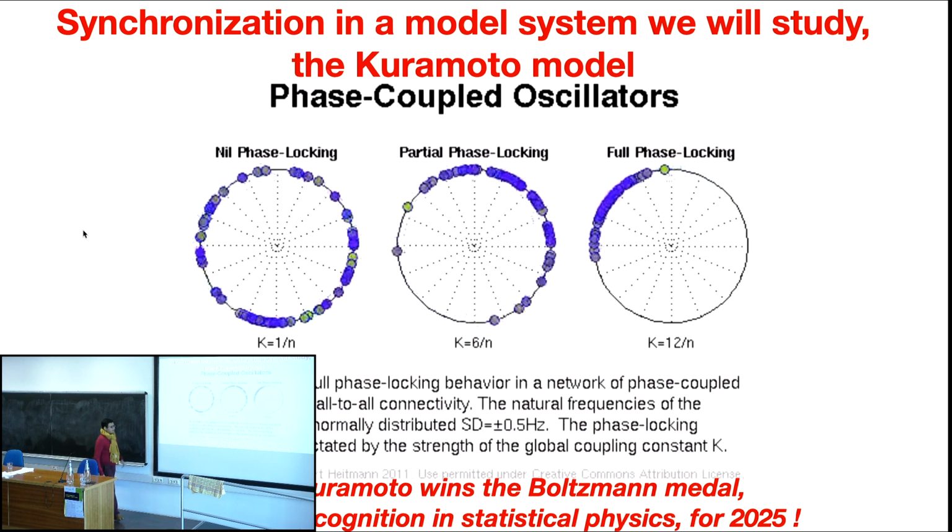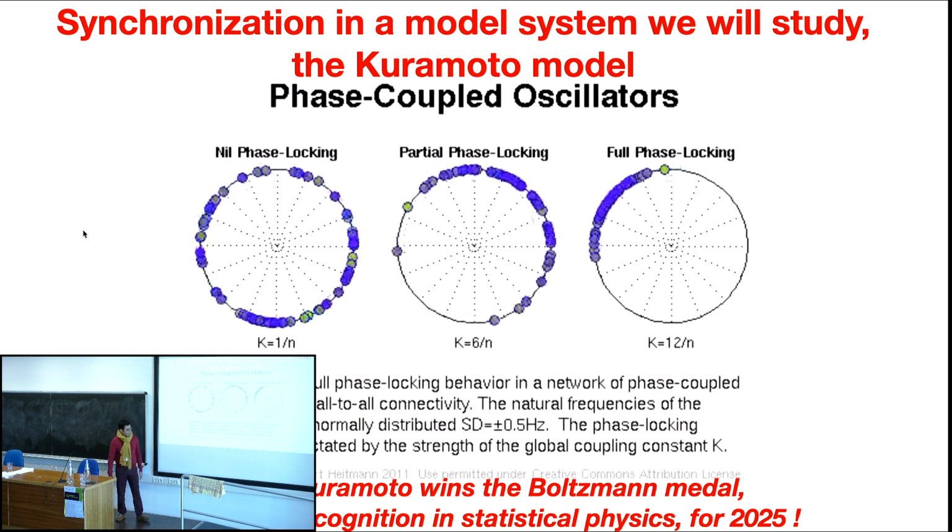It is awarded by the C3 Commission of the International Union of Pure and Applied Physics, and it is considered the highest honor in nonlinear and statistical physics. The rule is that if you have been awarded a Nobel Prize, you would not get the Boltzmann Medal. Perhaps you don't even care, but that's a rule. But it has so happened that many people who won the Boltzmann Medal went on to win the Nobel Prize.